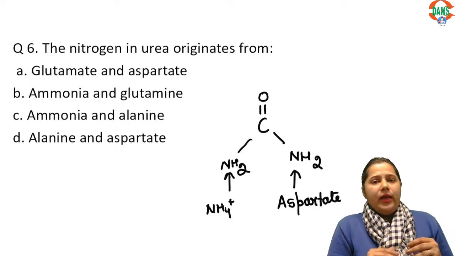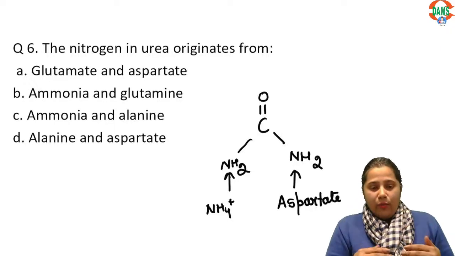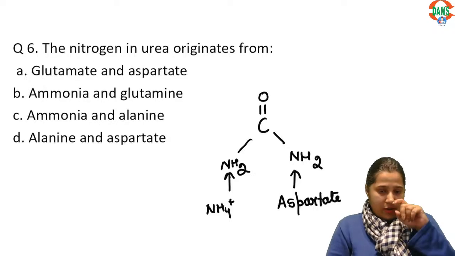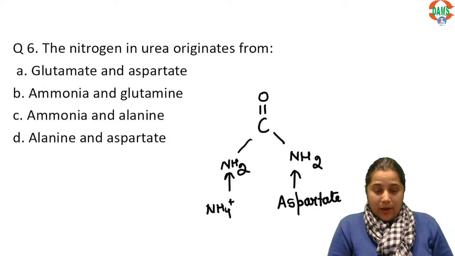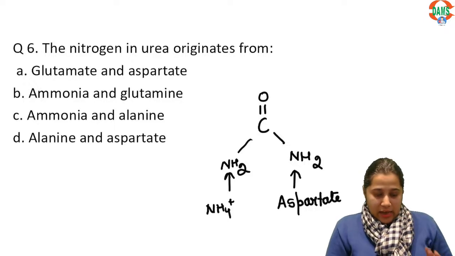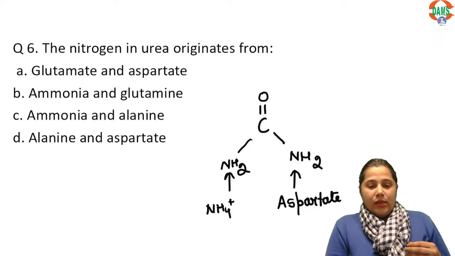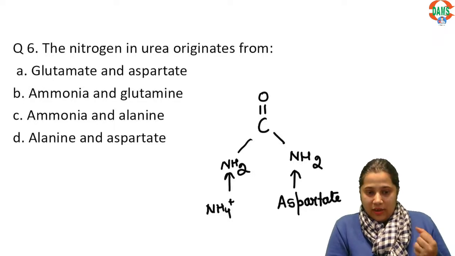These have been studied serially over the years, where we have found that the first nitrogen is incorporated from ammonia and the second nitrogen is incorporated from aspartate. But in the given options, if you see, there is no option which is matching this.